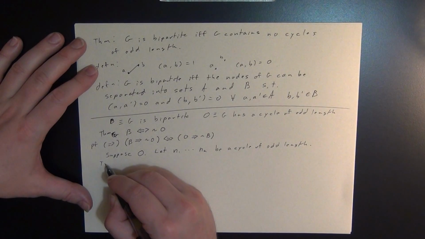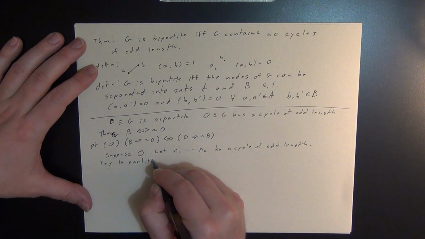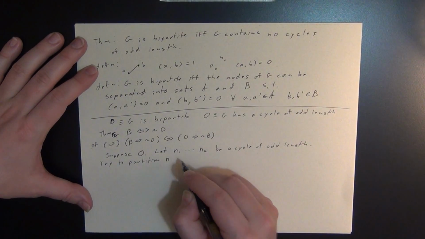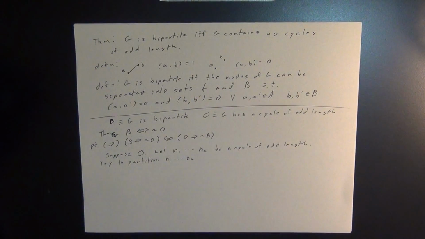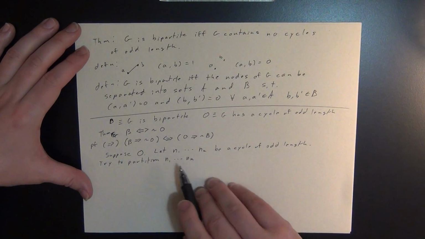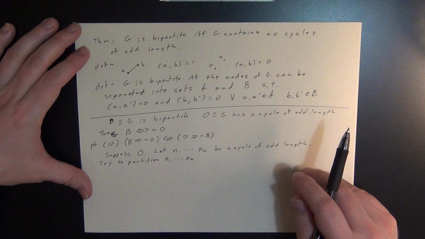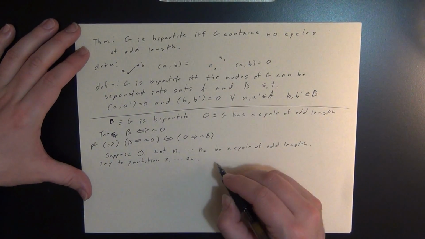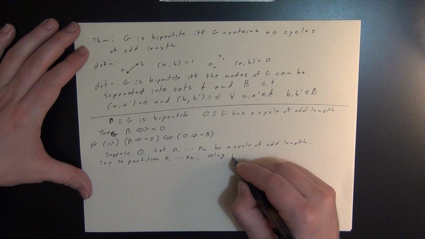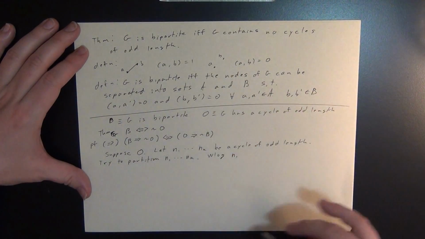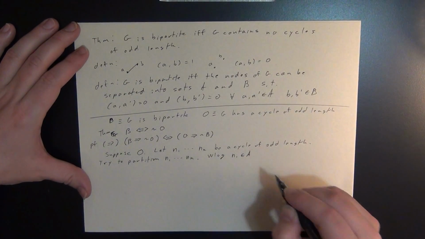Let's try to partition n1 through nk in such a way that this partition fits this criteria here for G to be bipartite. Without loss of generality, the first node in our cycle, well, first it's one of the nodes of our cycle, is an element of A.